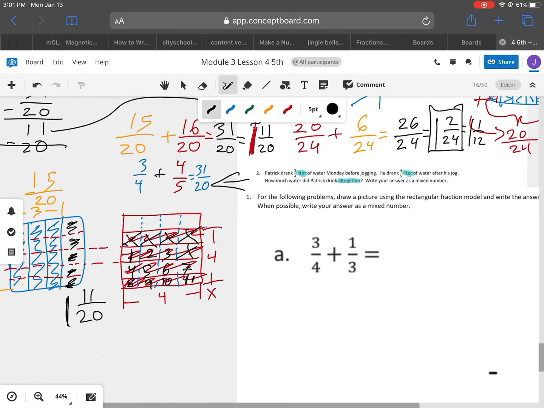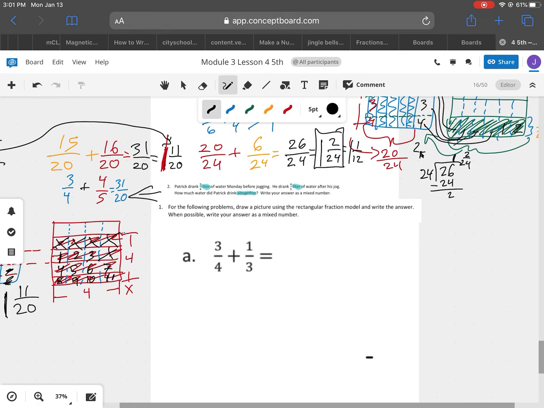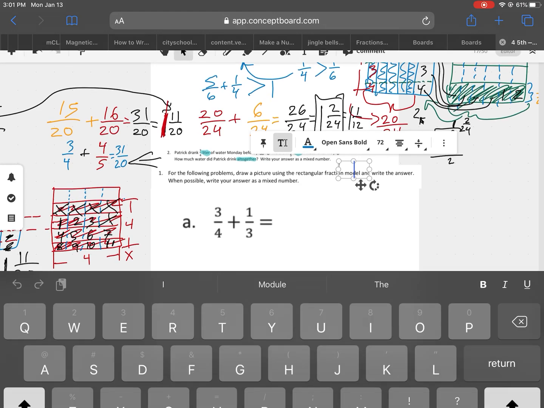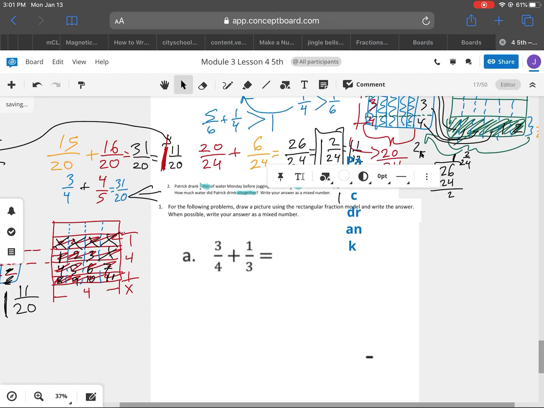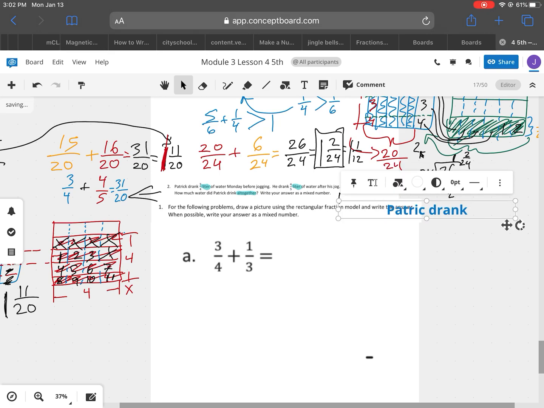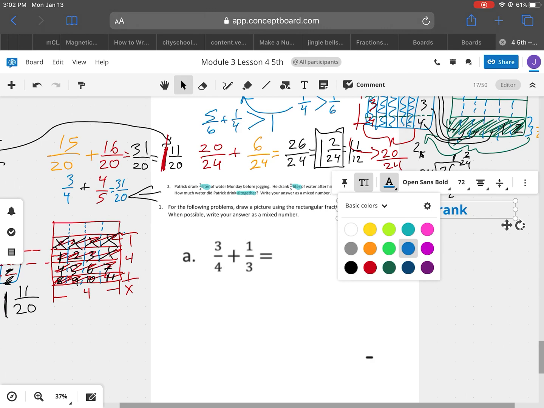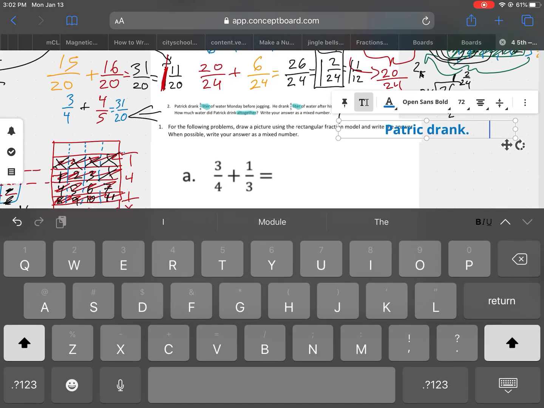Okay, so write it as a sentence. How much water did Patrick drink? Patrick, oops, let me go ahead and type it. Be a little neater. Patrick drank... I'm not going to type the number in because it's very hard to type it.